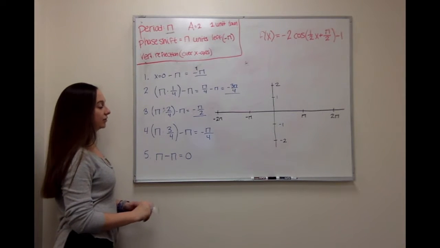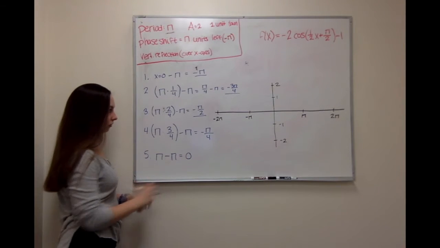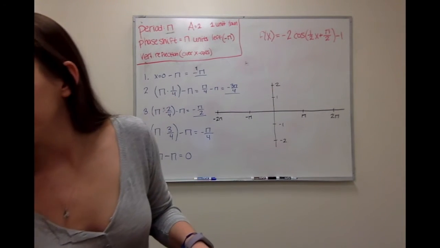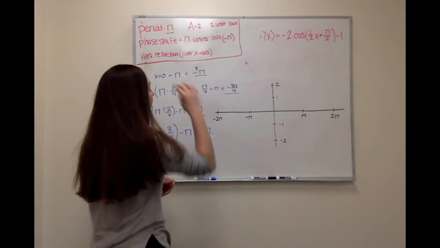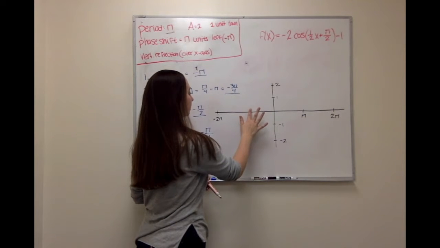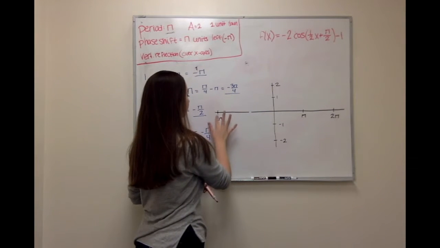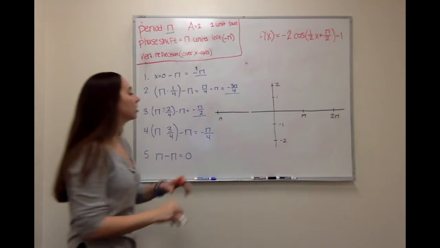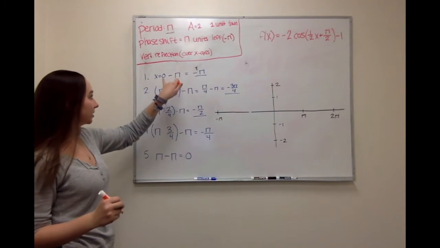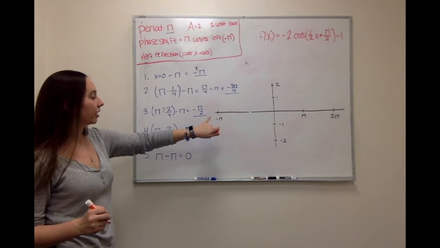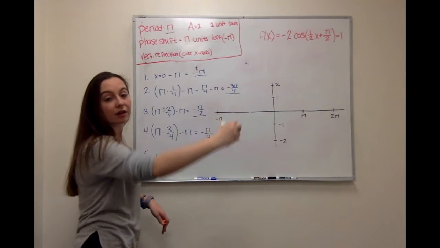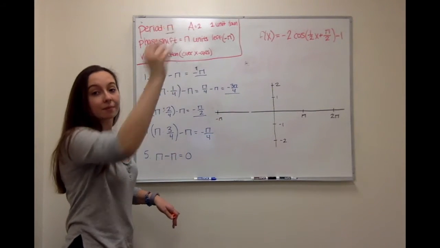So now we have our x values. So to graph, we're going to start here. If this is negative pi, that's going to be our first point. And we know a normal cosine graph would start at the top and then swoop down to the middle and back up.